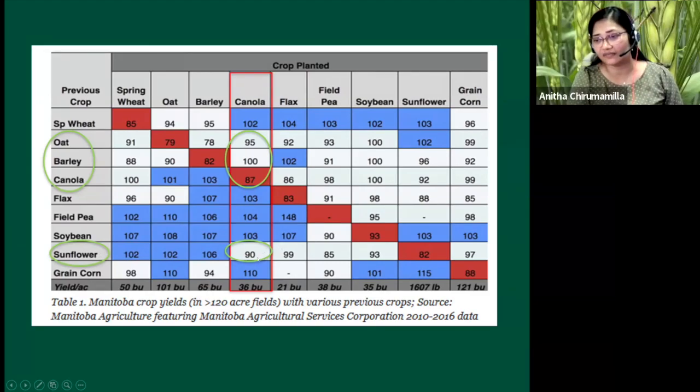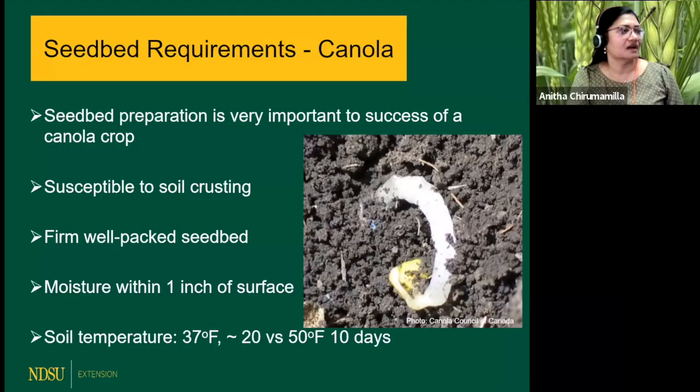Especially sunflower, you have the least yield growing canola after sunflowers. Also, some yield reductions are noticed when growing canola after oats or barley. So this is a Canadian study.